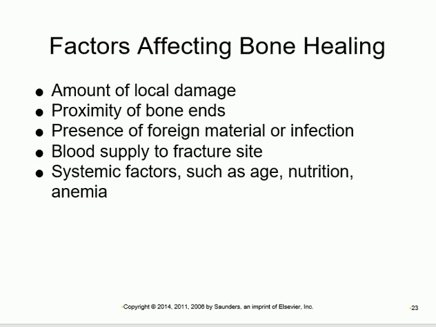If there is a foreign body, it has to be removed. If there is inflammation or infection, it will take more time, so it has to be treated. If there is something compromising the blood supply, it will heal slower. It will take more time to heal. So these are factors that you actually need to know that affect healing.